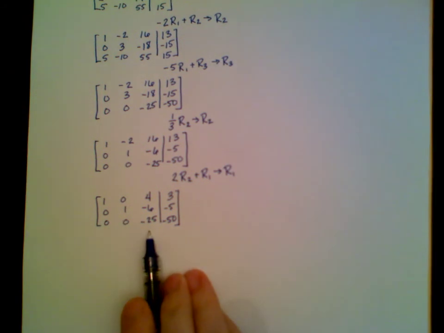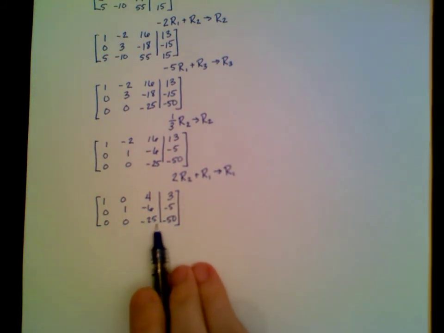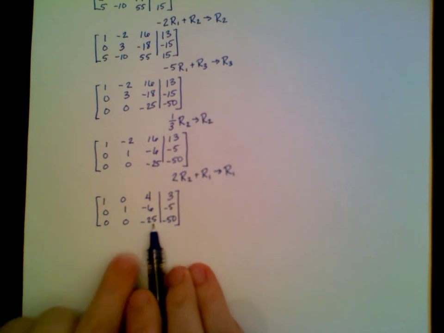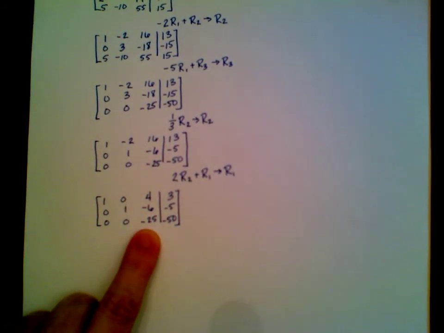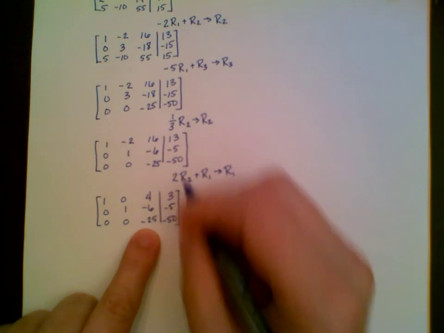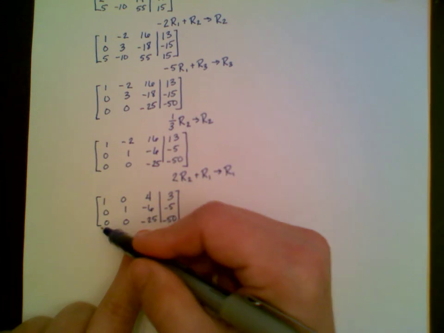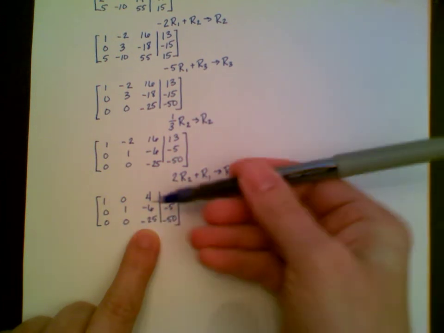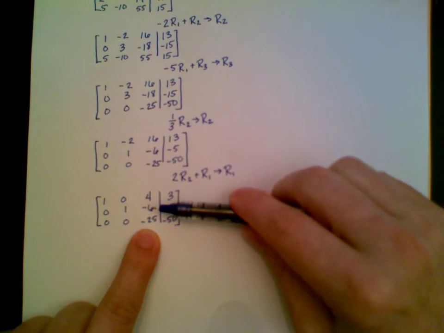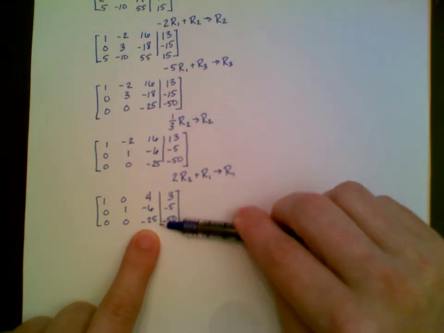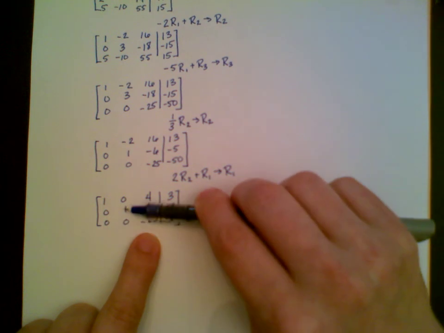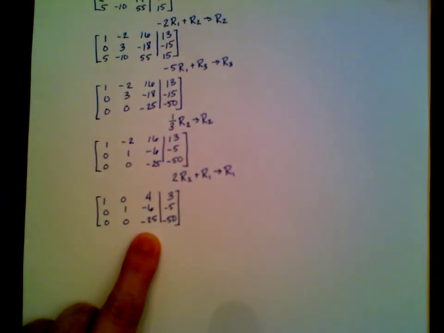So I'll move on to the third column. I want to get the 1 in the correct position, which is where this negative 25 is. So in order to change negative 25 into a 1, and in particular, in order to do that without compromising these other zeros, notice at this point, if I add a row to row 3, I will be losing zeros because I'll get adding 1 to them.